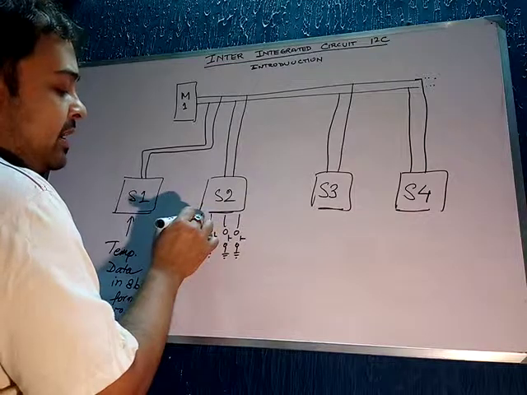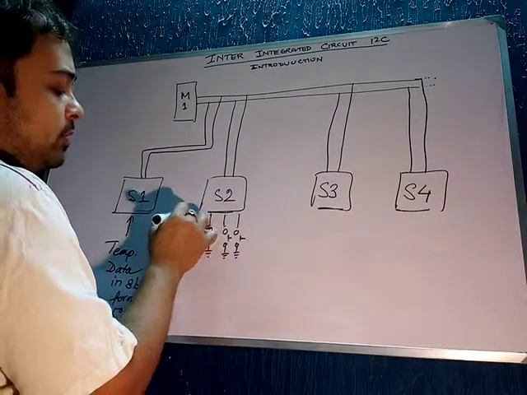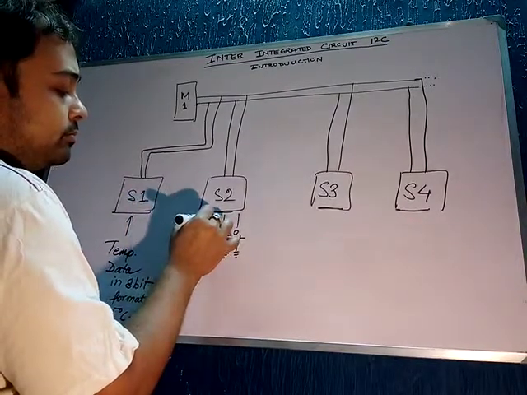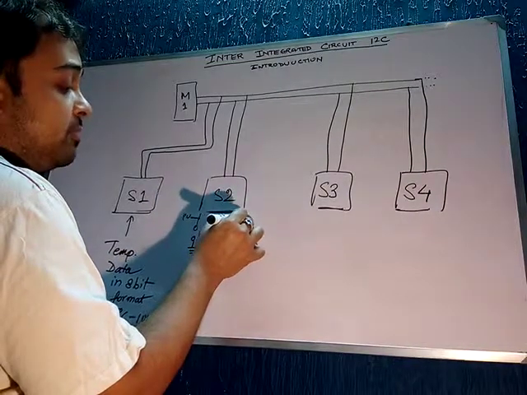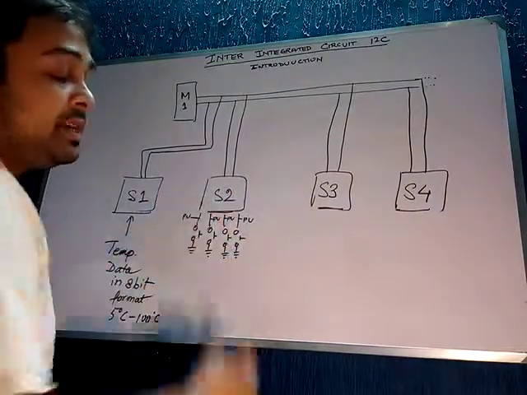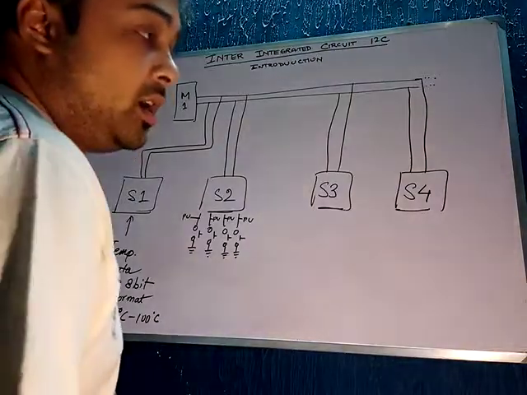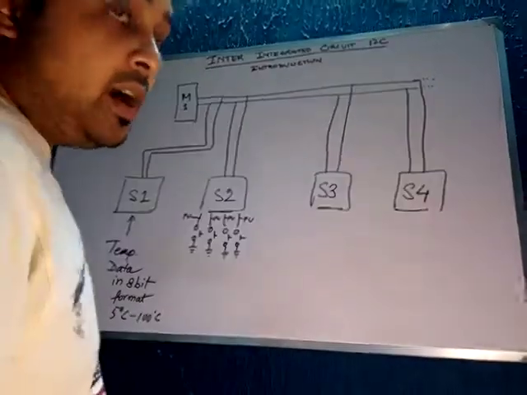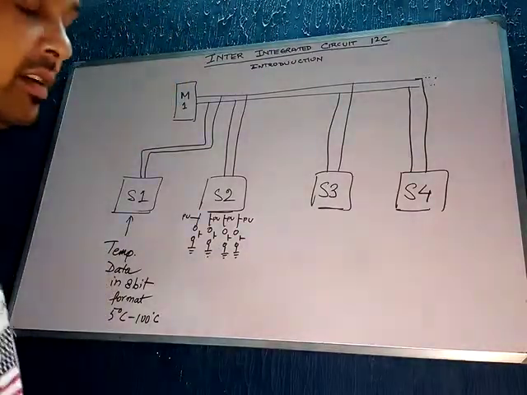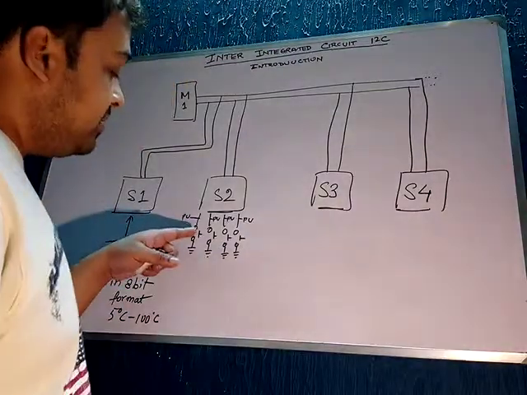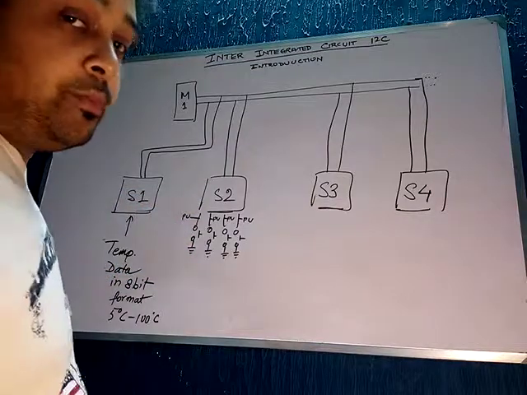Each and every pin is pulled up. I hope you understand what the meaning of pull up is. It means each and every pin is connected to VCC through a high value resistance. So when you press the button, that particular pin goes to ground.